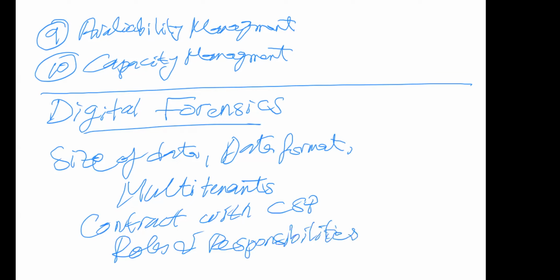Because if you have a case in court and a warrant requires some data, and the cloud service provider does not cooperate and provide you the data on time, you will be in real trouble. So it must be very clear in the contract who is responsible for what. It may be a RACI model or whatever, do it as you like, but it should be very clear.